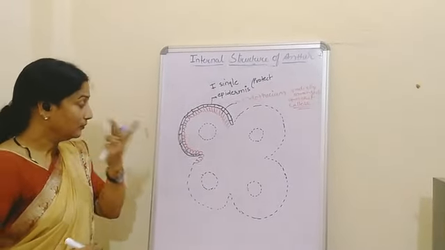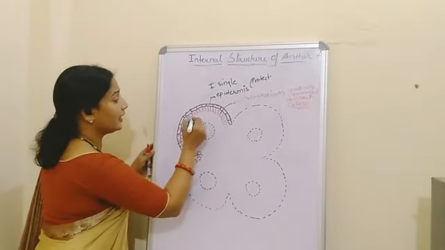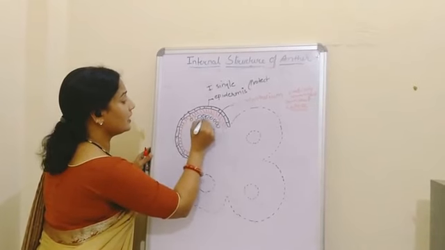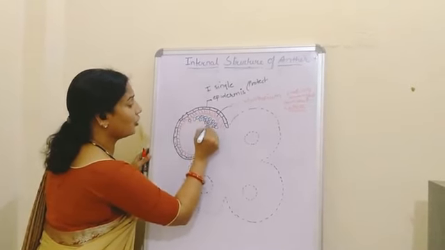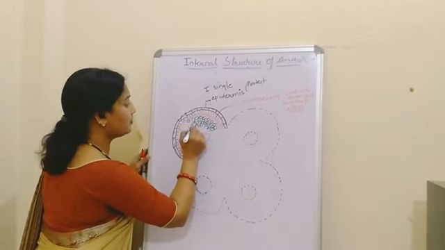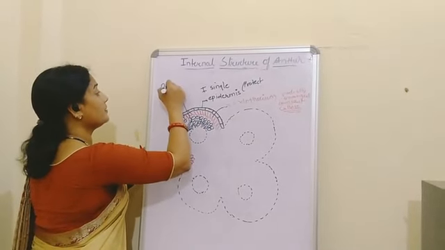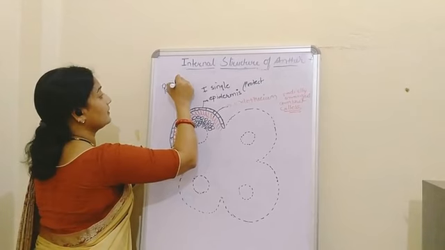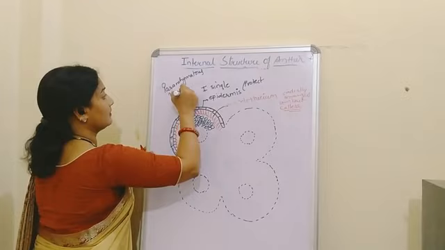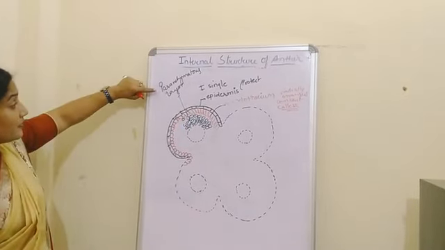Understood? Now, we come to the third layer. The third layer consists of 3 or 4 layers of loosely arranged cells made up of parenchyma. So the third layer is a parenchymatous layer.